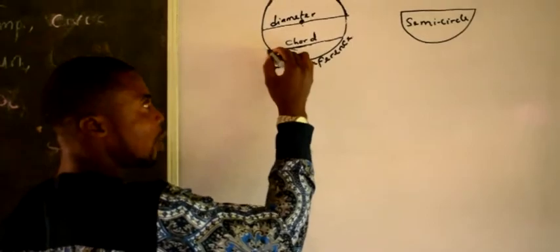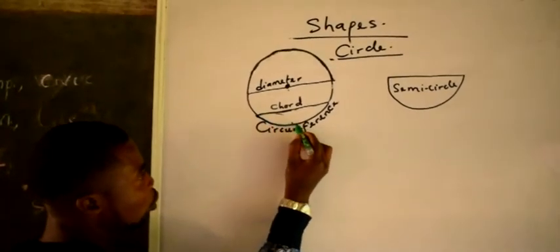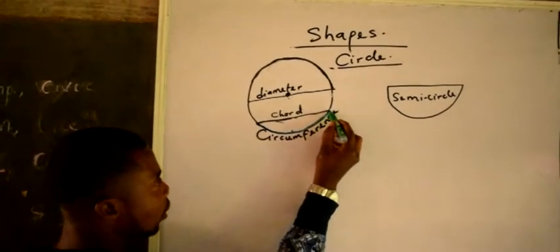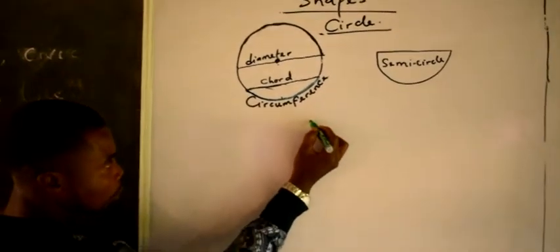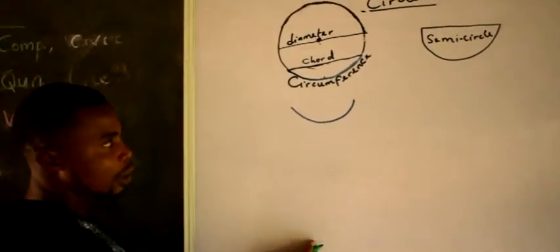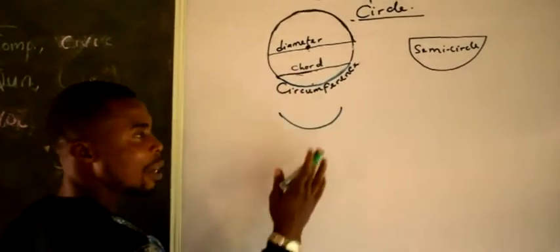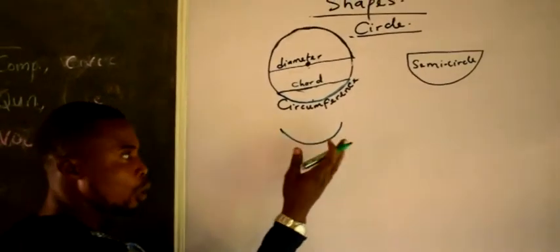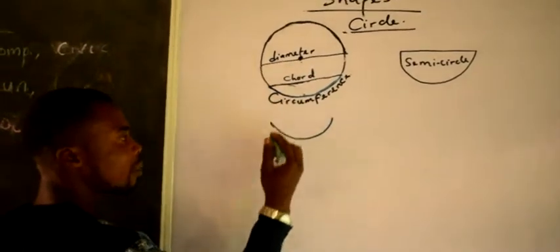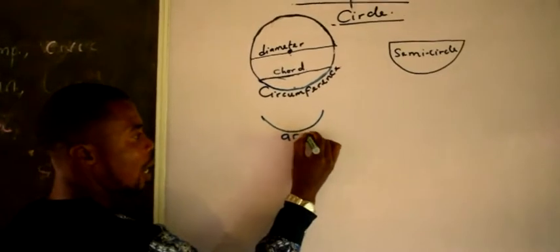Let me draw it out. This is a small part of the circumference. This small part cut by the chord is called an arc.